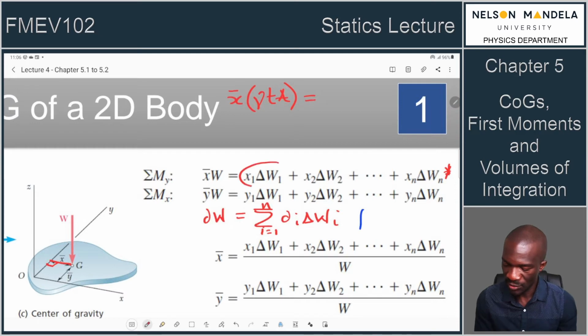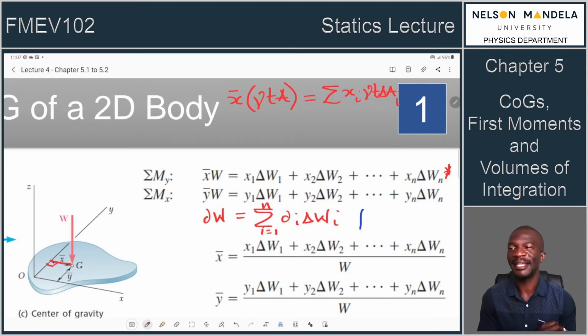This is equal to, now we're looking at the right hand side. Let me just use the summation. This is a summation of our xi, and our delta weight is now equal to what? It is now equal to gamma multiplied by T multiplied by the delta area i, and i is equal to 1 up to n particles.